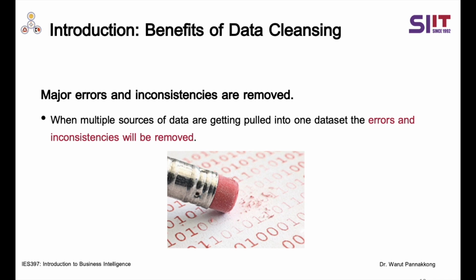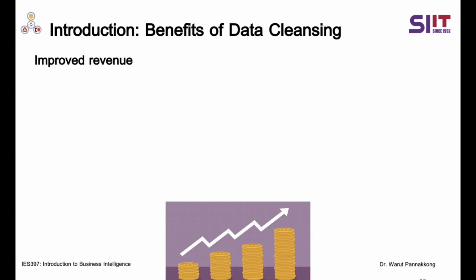So if we don't do data cleansing, there could be a lot of errors and inconsistencies among two different sources. And we can also end up having redundant information as well.